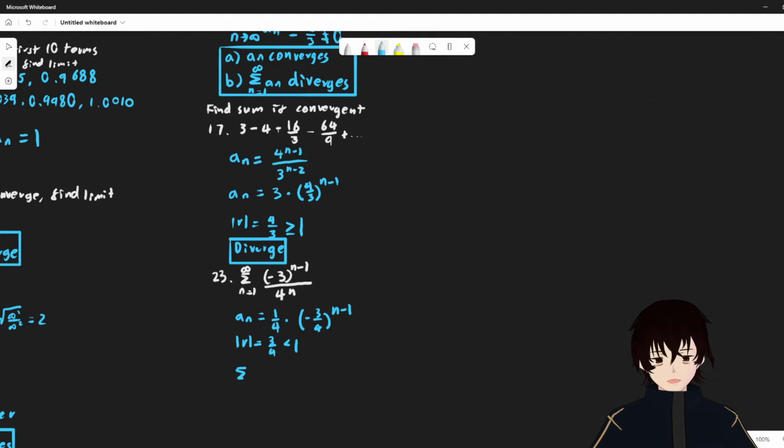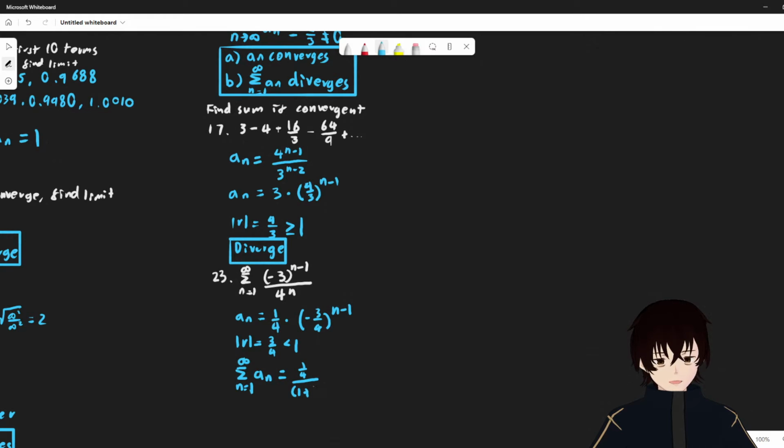the sum of our sequence is equal to a, which is 1/4, over 1 minus r.